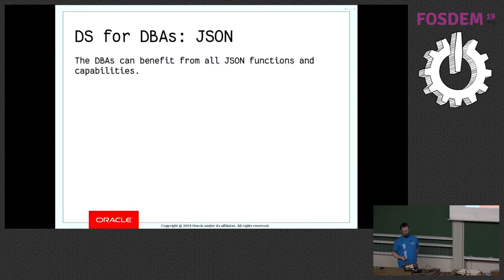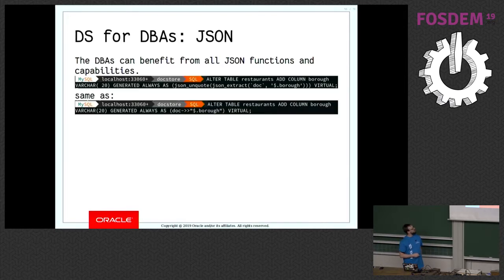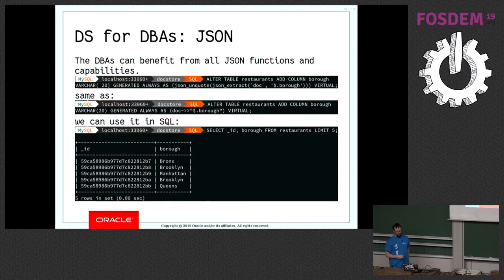So what's in it for the DBA? For the DBA, in fact, all the secret of what we have seen now is just the JSON data type, right? We can also add columns that we could index. So if you see our queries are too slow, the DBA can add indexes for your JSON queries, for example like this.